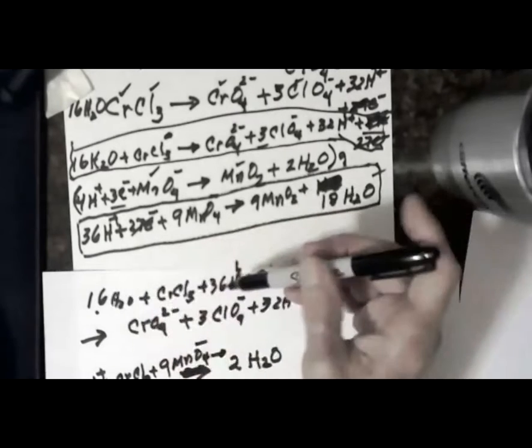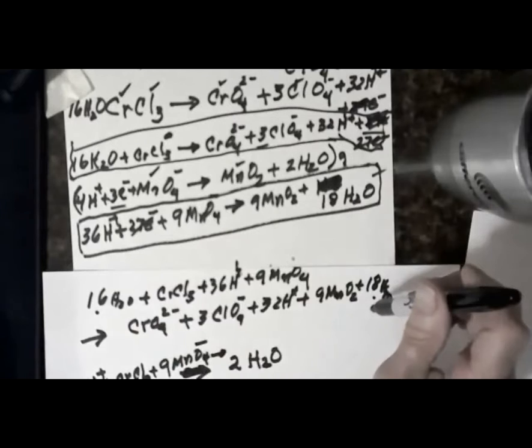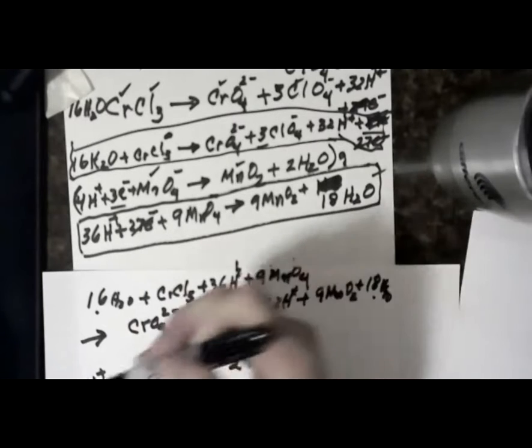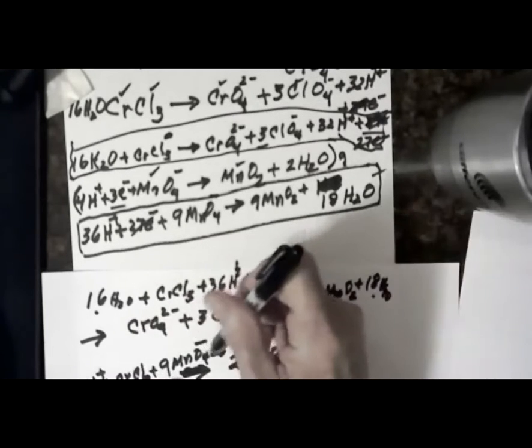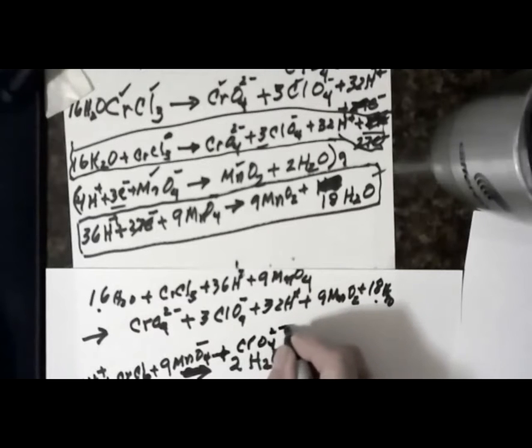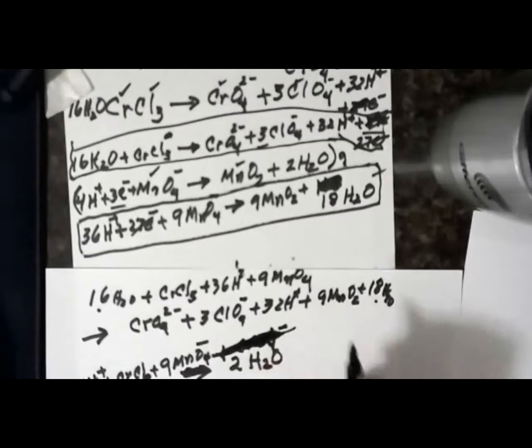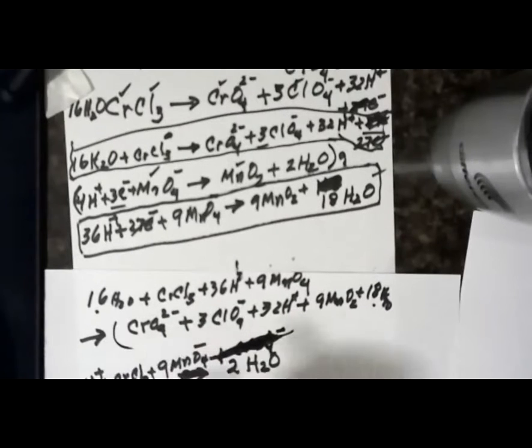I've got the waters disappeared off the reactant side. Got 4 hydrogen ions, CrCl3, 9 of these. Oops, I forgot. I've got to put my chromium in there. CrO4 2-. No, that's on the product side. Forget that.